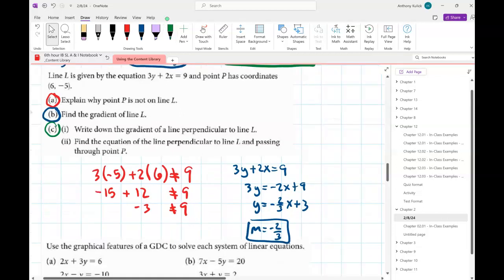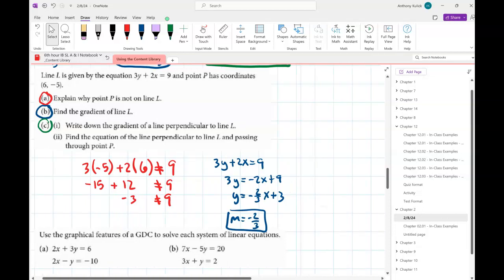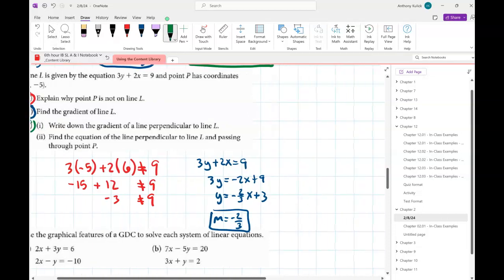Okay, so what is the slope of the line perpendicular to 3y plus 2x equals 9?